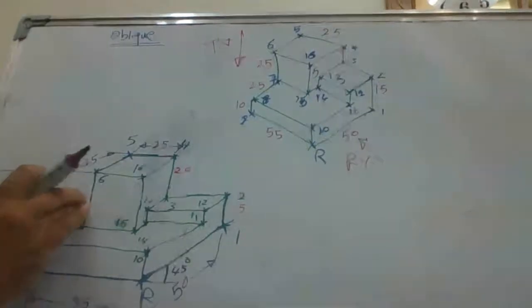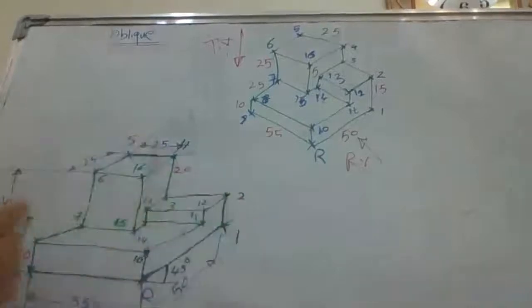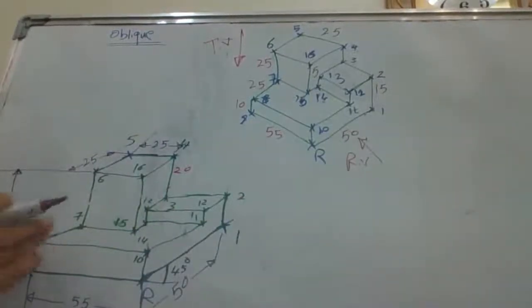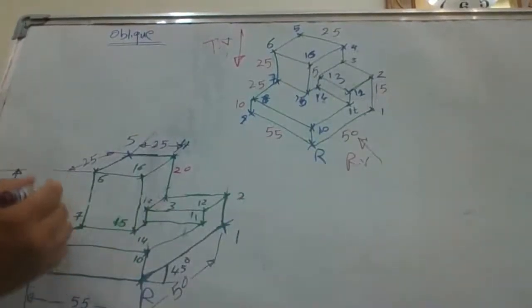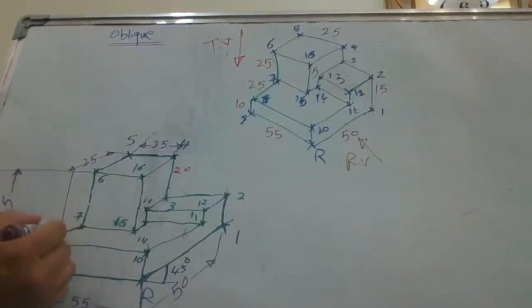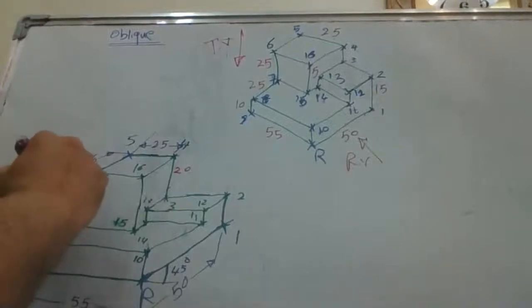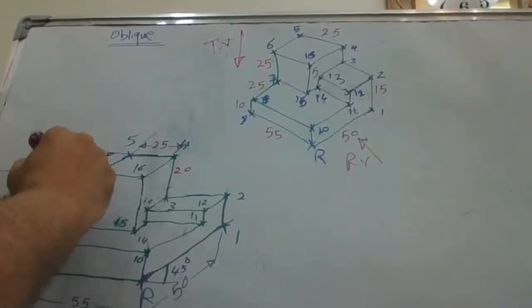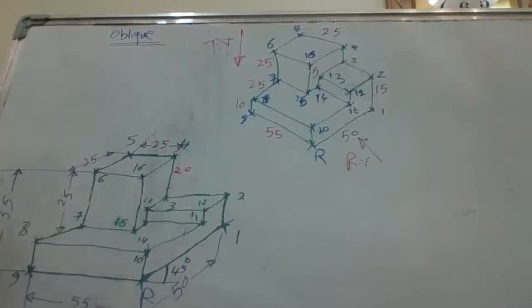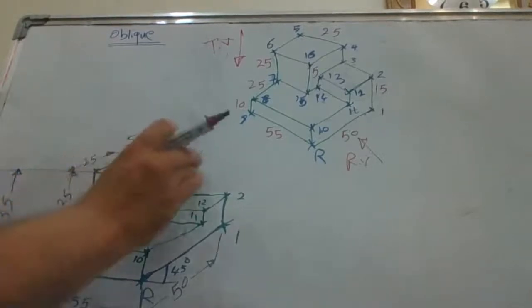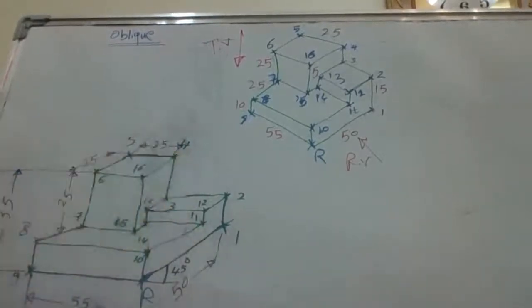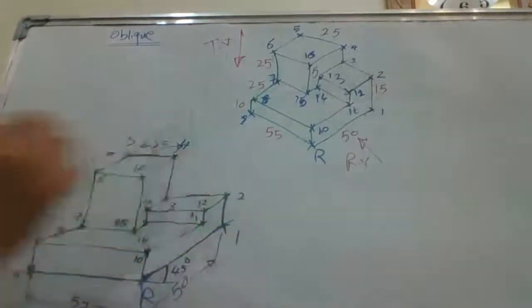Now for the height, we can choose one of them, 10 or 25. See here also, we can put here 25, or we can choose 20. So that means 25 plus 10, 35. Now, here also we have 15 plus 20.